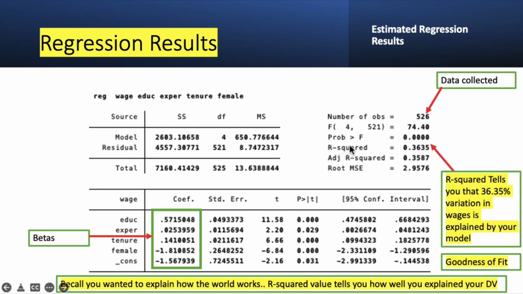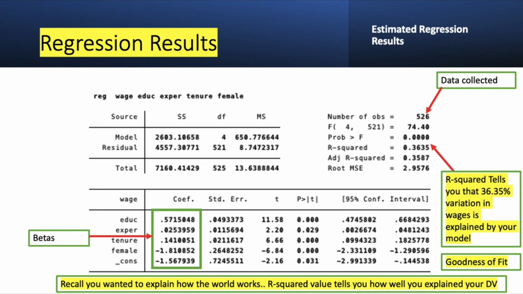The R square. So you have an F statistic and an R square. An F statistic is used to tell whether your model is actually a good model or not.